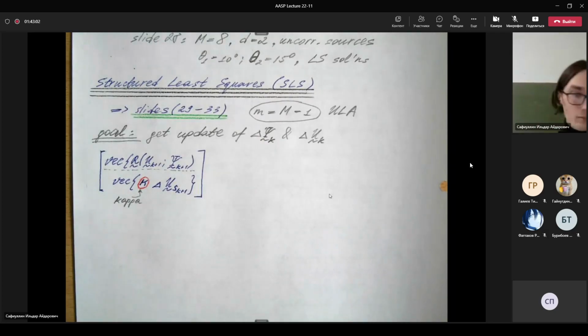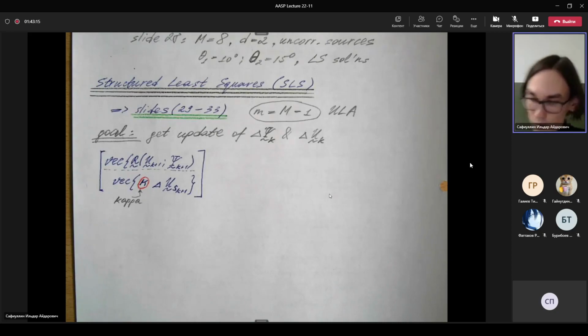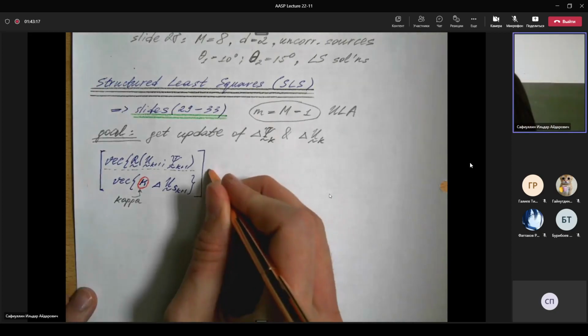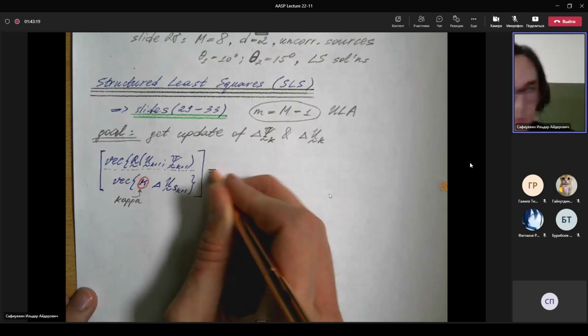Here we call this thing kappa. I indicated it with red color because we will also show this thing later.